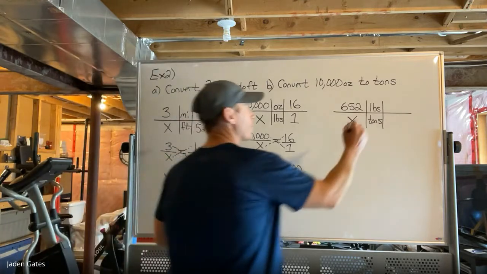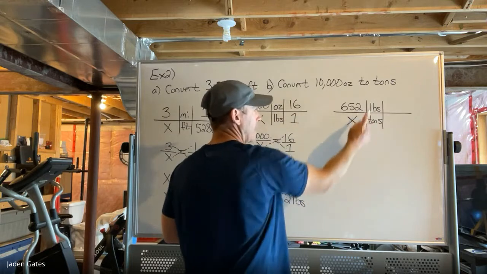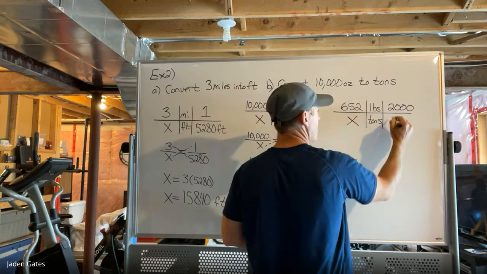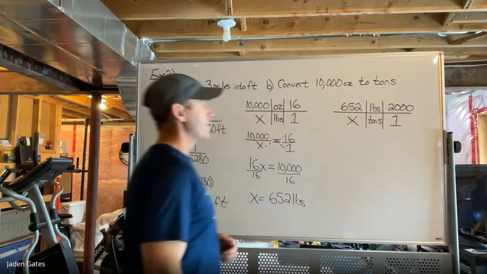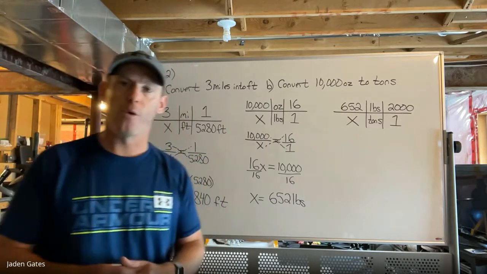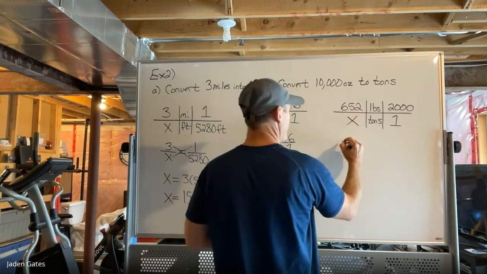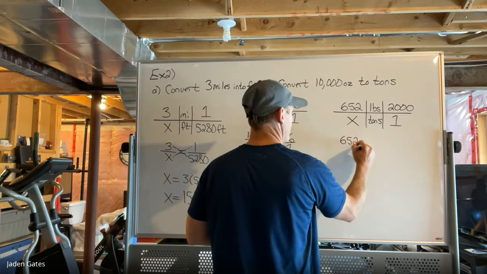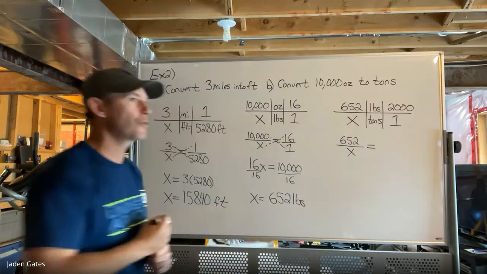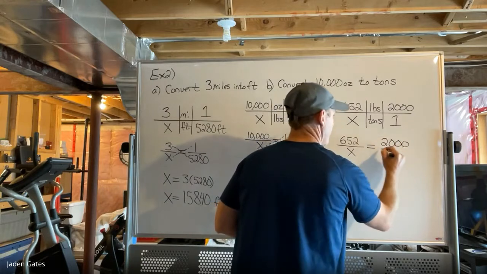It's big. So again, because I have my top and my bottom labeled, I know where to put things. Pounds is on the top here, so 2,000 of these pounds is 1 ton. Okay, well, now just as we've done before, I'm going to create a fraction equaling a fraction here. So I got my 652 on the top, divided by the x is equal to the other side there where I have a 2,000 on the top and a 1 on the bottom.